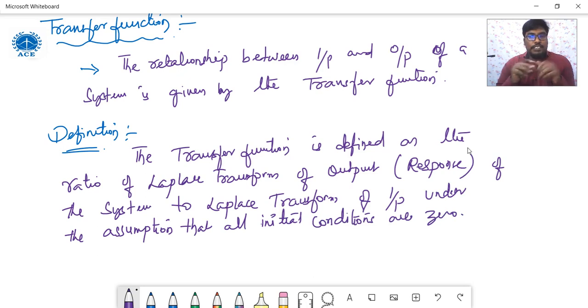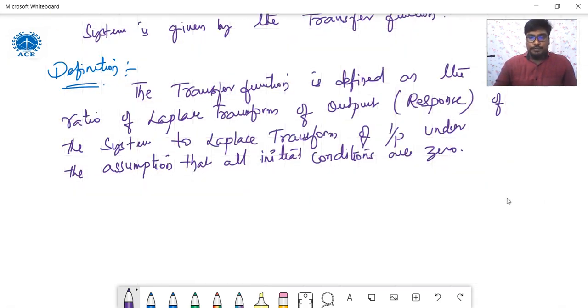See here, the transfer function is defined as the ratio of Laplace transform of output or response of the system to the Laplace transform of input under the assumption that all initial conditions are 0. So you need to make sure all initial conditions are 0, right?